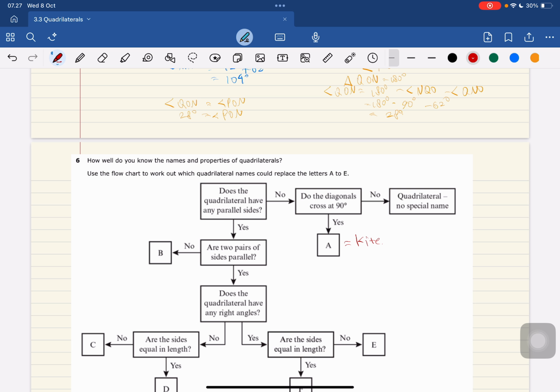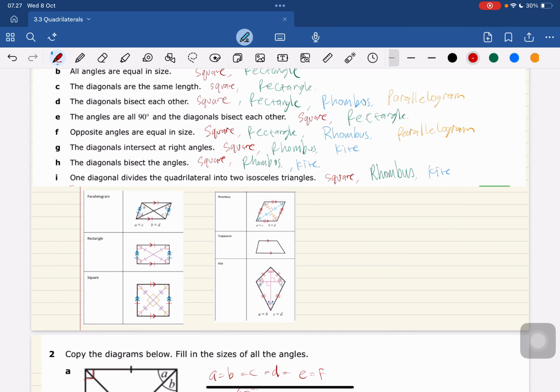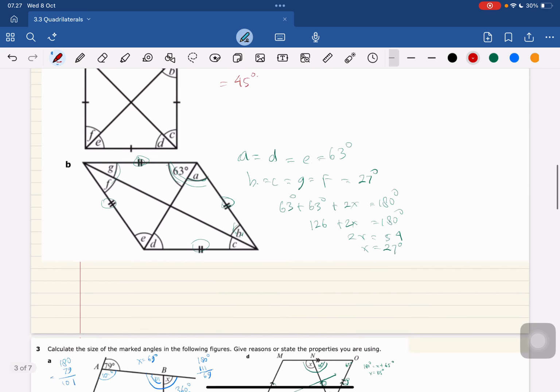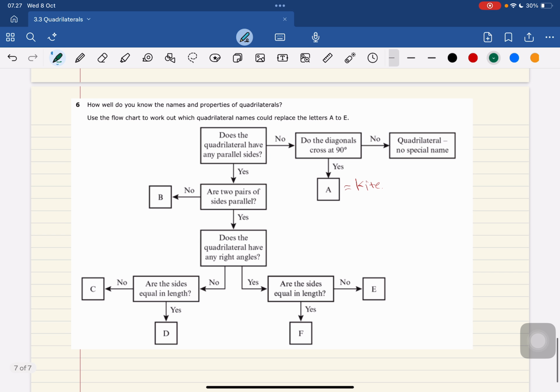Are two pairs of sides parallel? Look at this: all of them, yes, parallelogram and rectangle also. Only the trapezium has no, so we can write B equal to trapezium. If yes, look at it, yes. Let's check the no first.